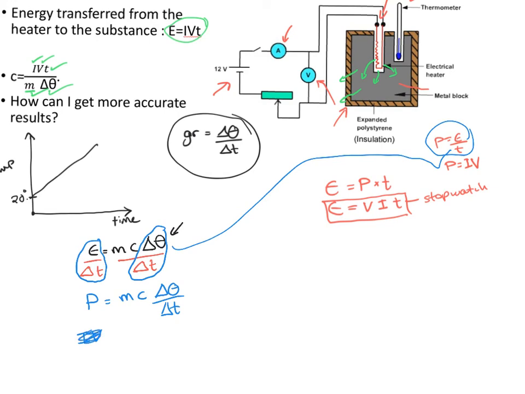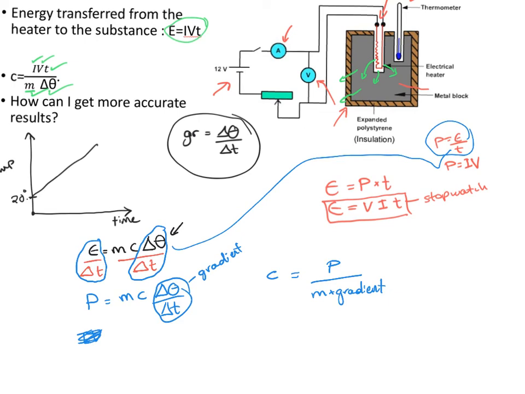If you want to get the value of specific heat capacity, you just rearrange this equation. It will be power, this is a gradient, remember, so this is the gradient that you're going to get. Specific heat capacity is power divided by m times gradient.